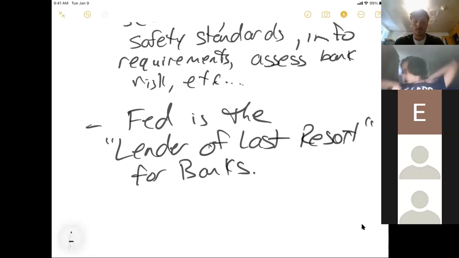Now, let's be clear what this means though. Lender of last resort does not mean the Fed has to give a bank a loan.